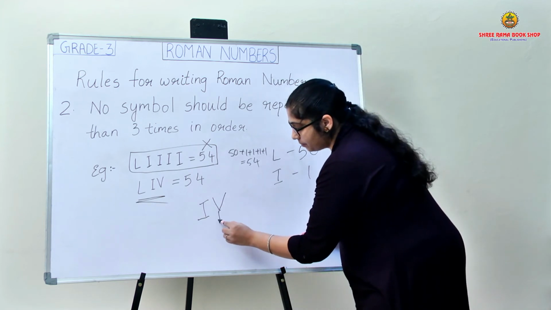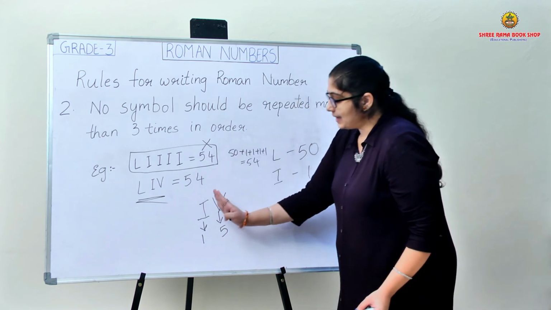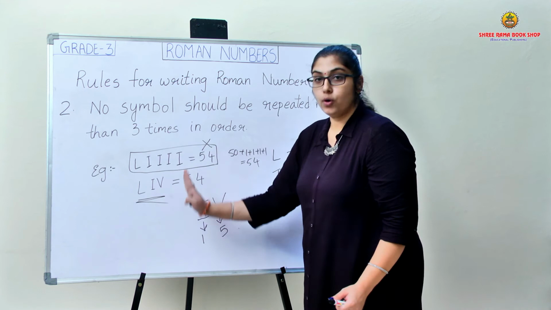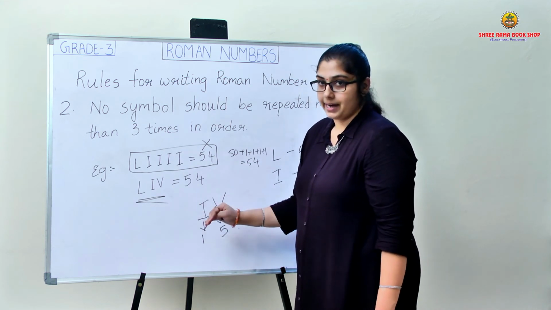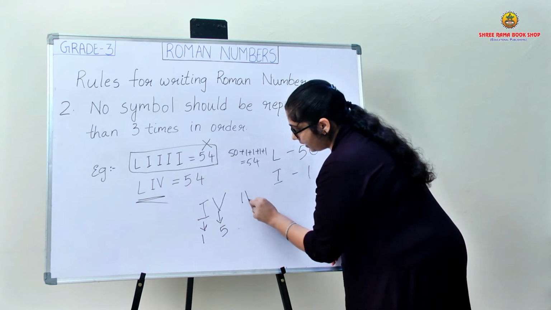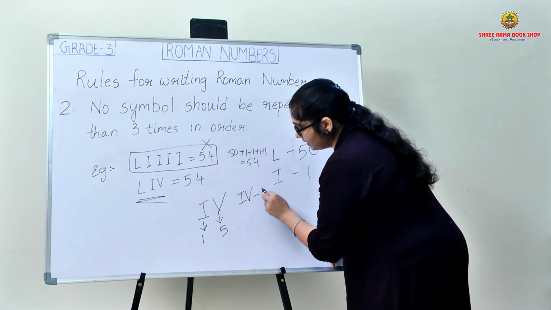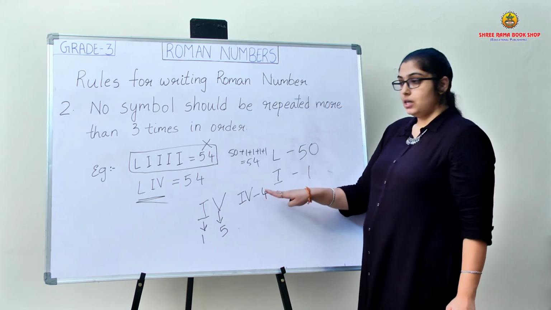As this represents 5 and this represents 1, and as it is before V, I need to subtract. So the value of I and V together is 5 minus 1, which is 4.